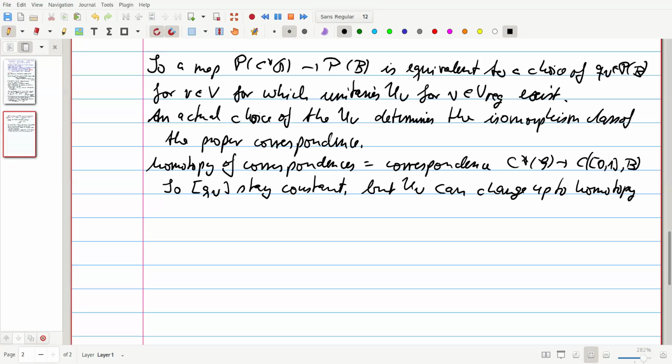So only the homotopy class of your unitaries UV is really fixed if you work up to homotopy here. And that's good because we now get into K-theory data. But before we talk about that, I should first talk briefly about ideal structure and also what this P of A has to do with K-theory.